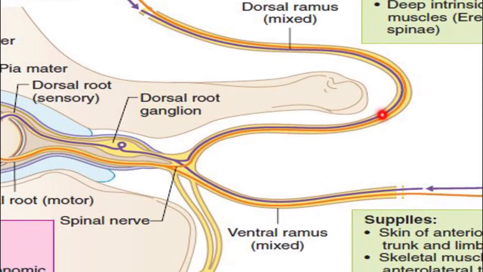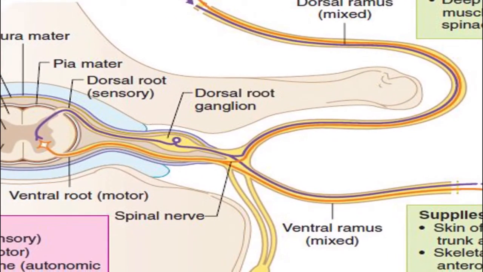You cannot say the dorsal ramus is sensory and the ventral is motor. When we talk about the dorsal or ventral root, the dorsal root will have only sensory and the ventral root will only have motor. These roots combine to form the spinal nerve.